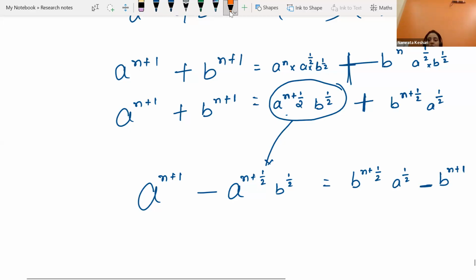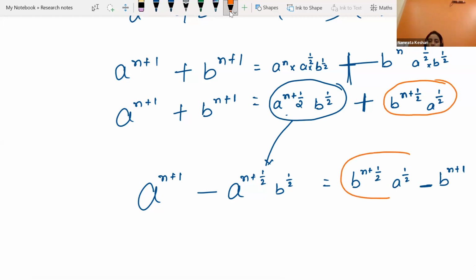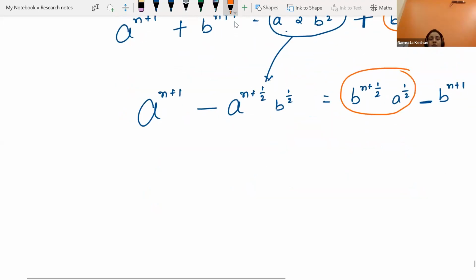Yes, Ali, are you getting it? Yes, ma'am. Okay, so let's continue. Can you see that from both the terms, a to the power n plus 1 by 2 is common? Can we see that we can take a to the power n plus 1 by 2 common from both these terms, because 1 means 1 by 2 plus 1 by 2?